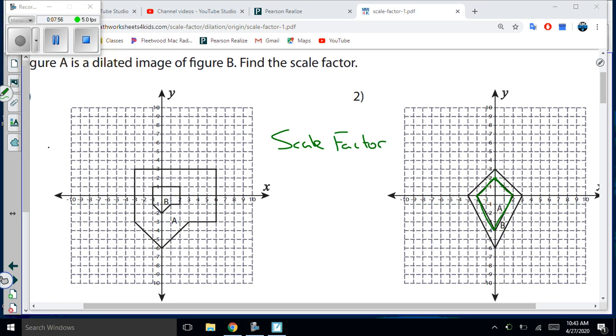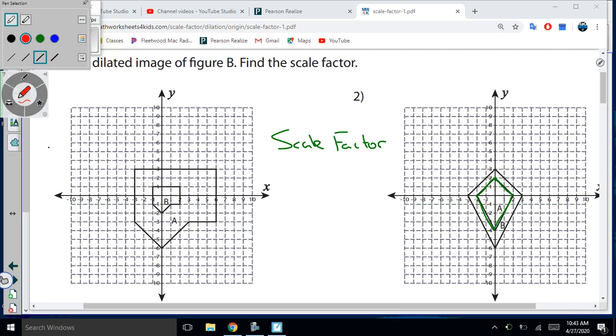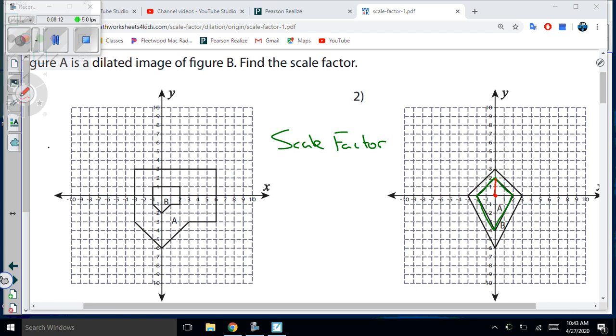And so if the scale factor is bigger than 1, what I'm going to pay attention to is the distance from the origin to, let's say, this point right here. It looks as if the distance from those points is 2. All right? And then what's the distance from this part to this part?